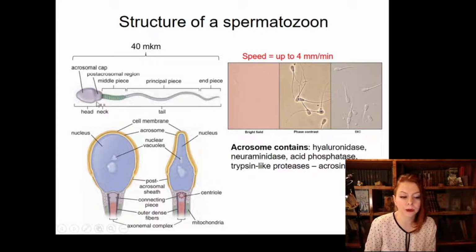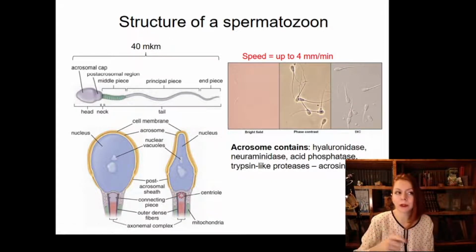The head of the spermatozoon contains, besides the nucleus, the acrosome. The acrosome is a modification of the Golgi complex. It is sometimes called a cap, and it contains a set of digestive enzymes helping the spermatozoon to penetrate the zona pellucida, which we'll discuss a little later.